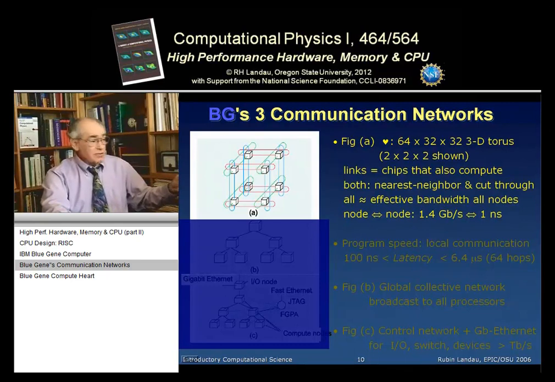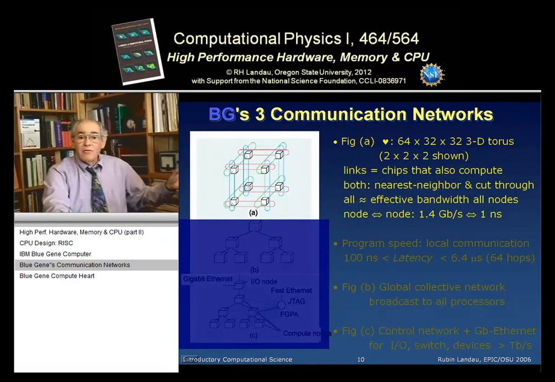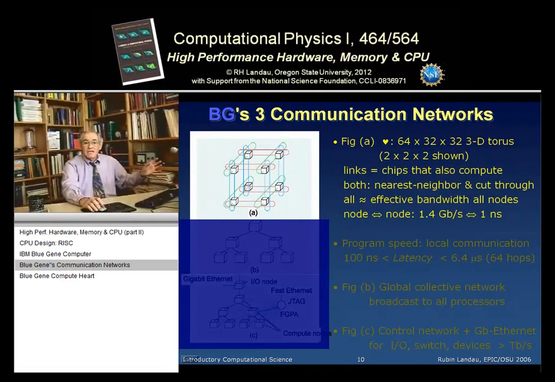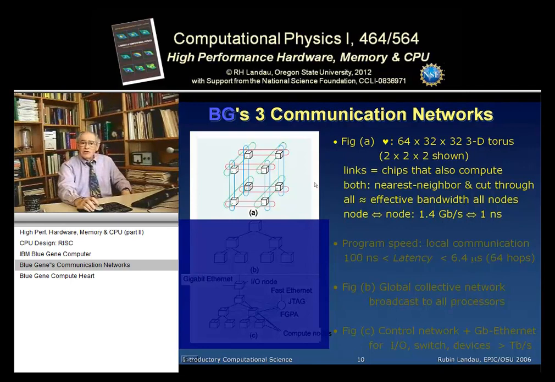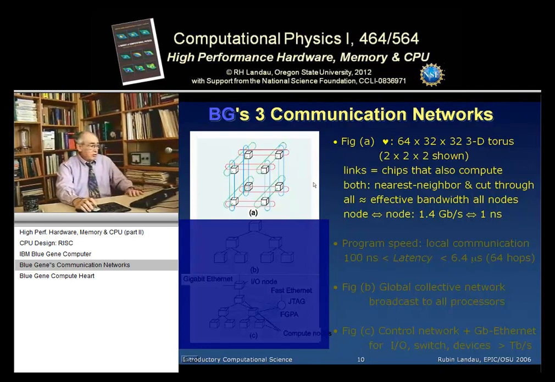But communication has become such a key element in high-performance computing that as much computing power is used for communication as is used for number crunching. They have to be with this much communication. Okay. So the links here, the communication is both nearest neighbor, just the guy next door, as well as a cut-through network so you can get to somebody in the next town, in the next cabinet, as it were, board, wherever.